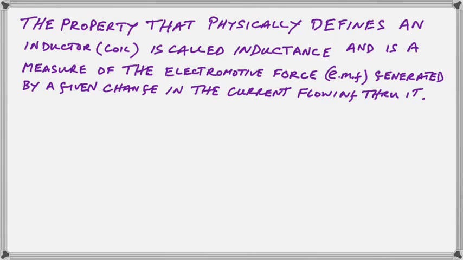But this property of inductance is a measure really of the EMF or voltage that's generated by a given change in the current flowing through it. Because every time the current changes inside the coil, there's going to be a change in the magnetic field.